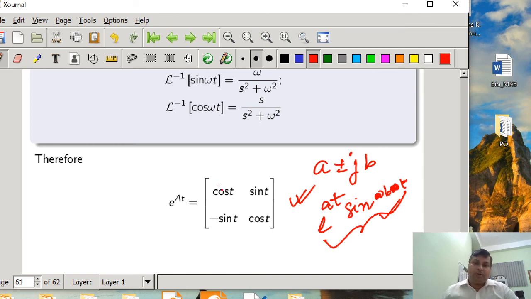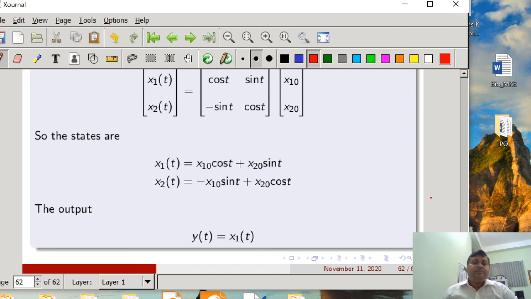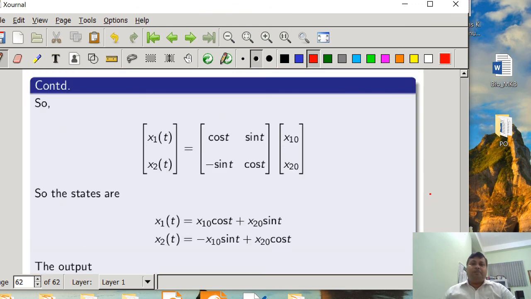So I will stop here. In the next class I am going to discuss the nonlinear system and how it can be linearized, and we will also give the definition of equilibrium points.